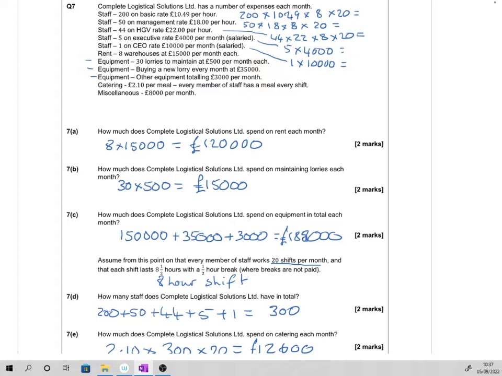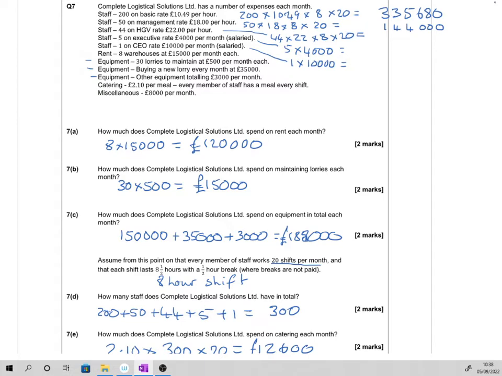Okay, so then we can add all that up. So 200 times £10.49 times 8 times 20. Oh, what a number that is. 335,680. Next one, 50 times 18 times 8 times 20 is 144,000.